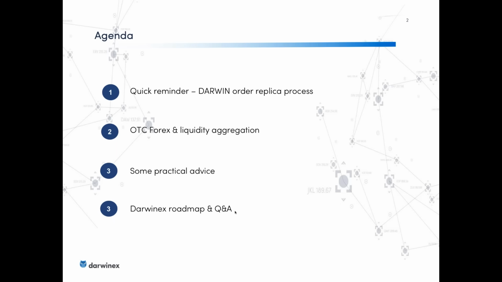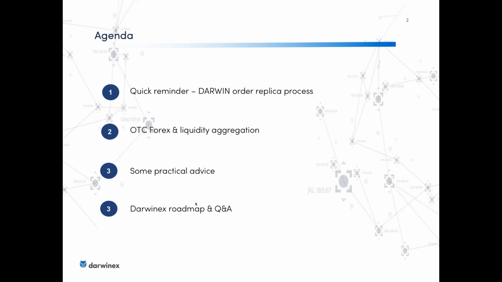So what is the agenda for today? We will have a very quick reminder on the Darwin order replica process, so you understand how investor trades are cleared in the market after the trader submits their lead trade. Then we'll explain some stuff about the over-the-counter foreign exchange, or forex, market, how it works, and how liquidity is aggregated, because ultimately liquidity is what takes care of the capacity of your Darwin.